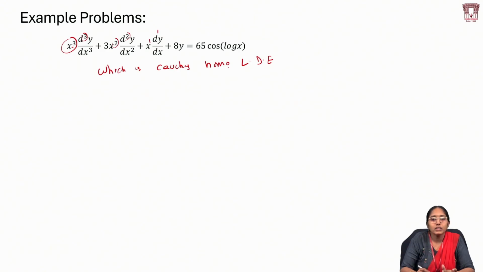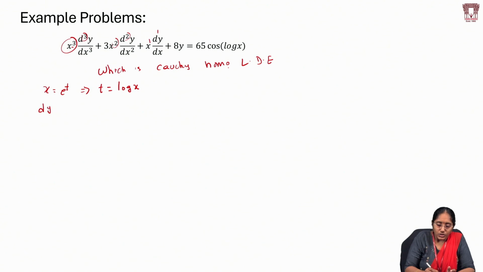Now we need to convert this into constant coefficients just by using the substitution x is equal to e power t. It means that by logarithmic properties, t is equal to log x.